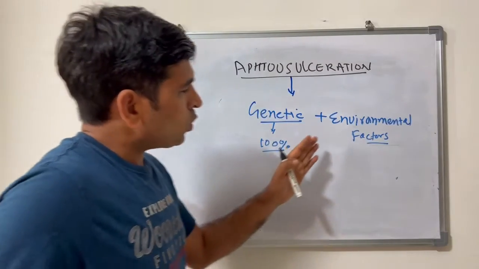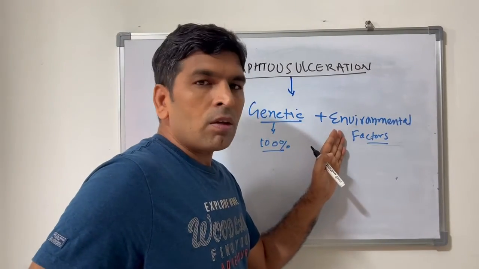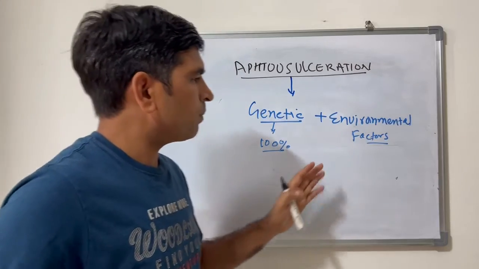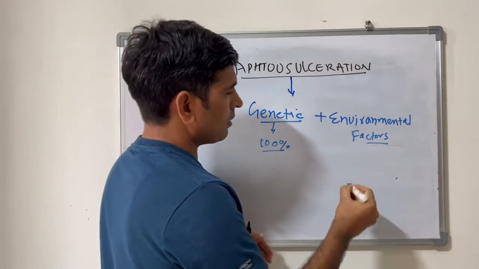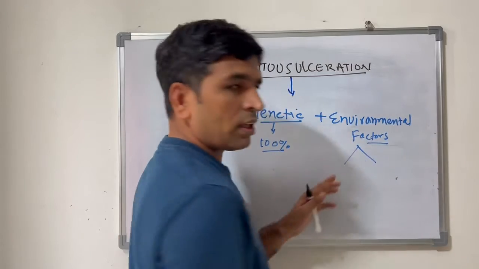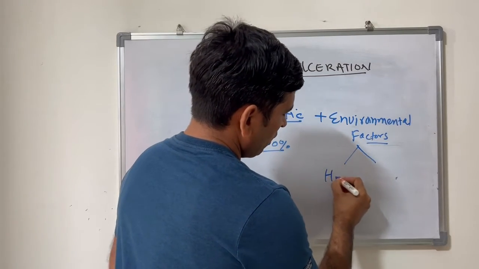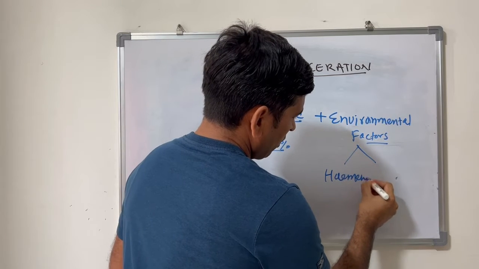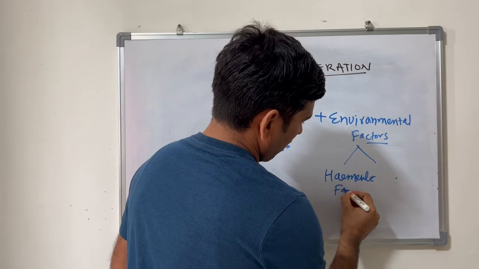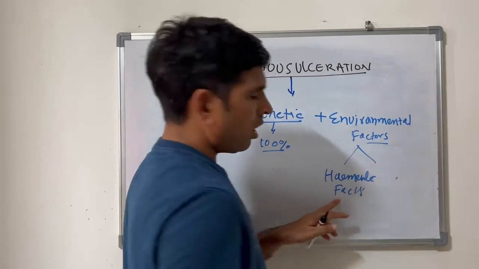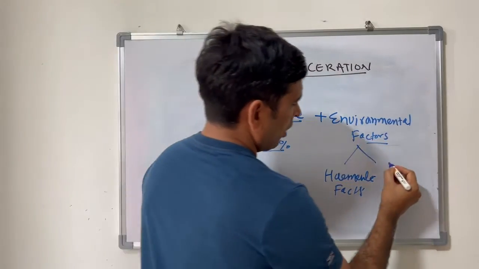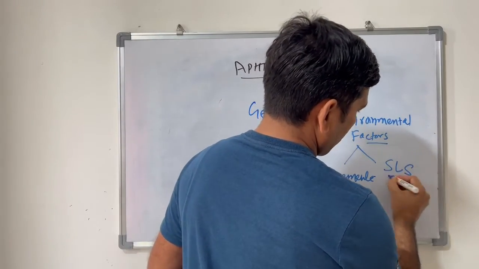So what are the environmental factors which cause this Aphthous ulceration? Mainly two factors are important. One is hematinic factors. Another is SLS factors.